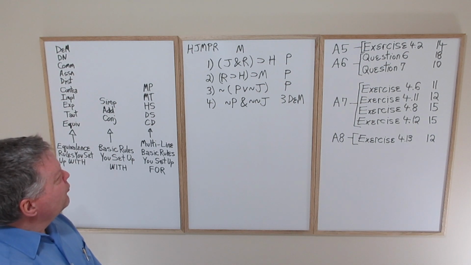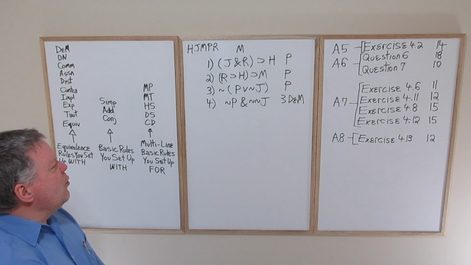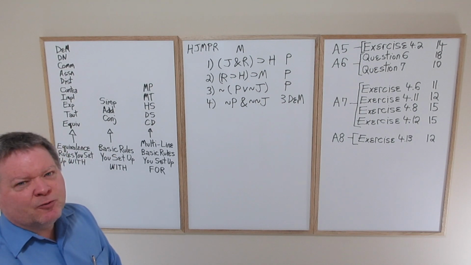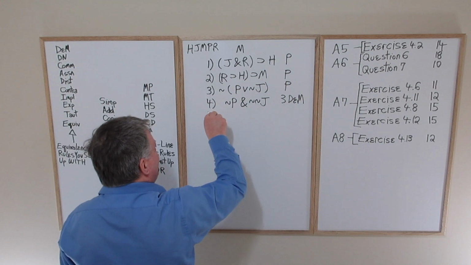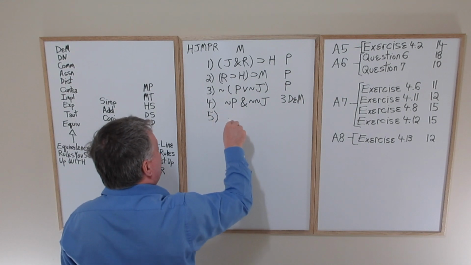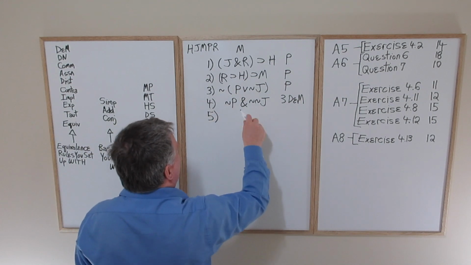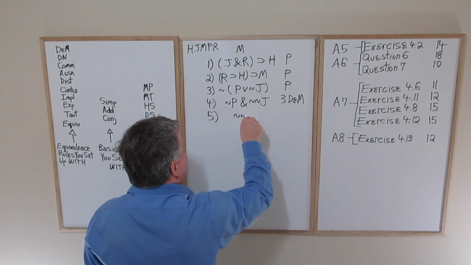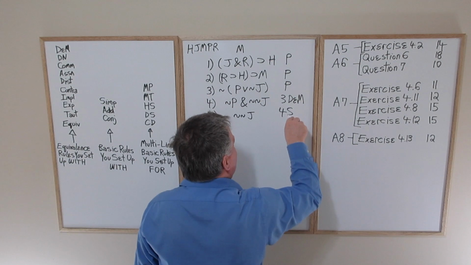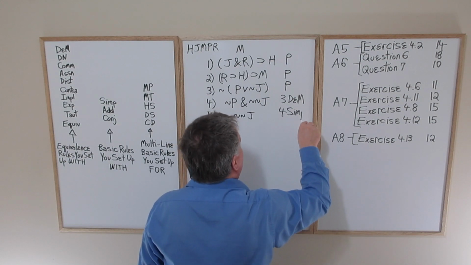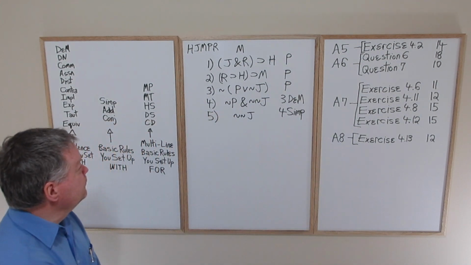If we look at the proof, there is no more P-related information, but there's J-related information in line 1, so we can snap off the right conjunct, tilde tilde J, for simp.